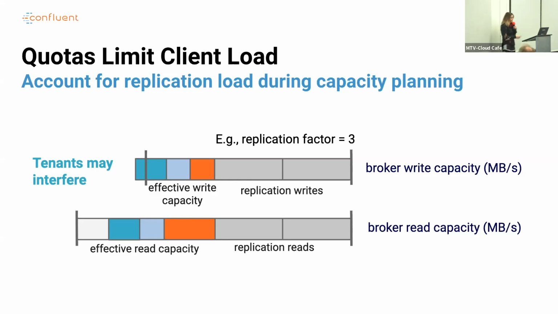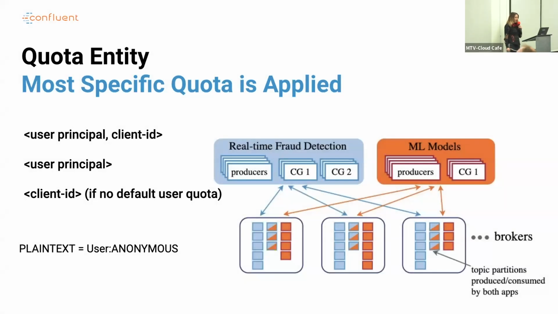So far I was using the term tenant, but in Apache Kafka terms, you call it a quota entity, and that is defined by a user principal and client ID, or you can just have a user principal.